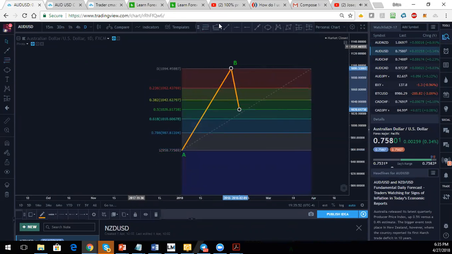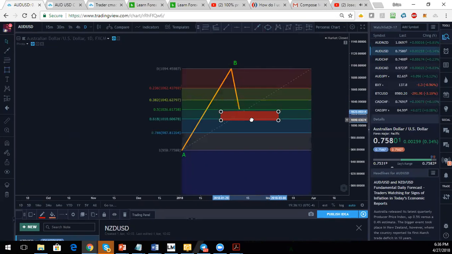So let's say price made a retracement in this zone right here. As you can see, it didn't touch the 0.618 level or even pass it. Let's say price doesn't touch the 0.618 level, passes the 0.5 level, and actually stops at the 0.5 level.